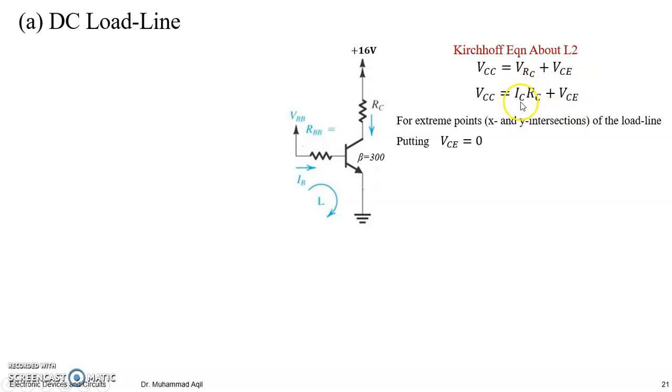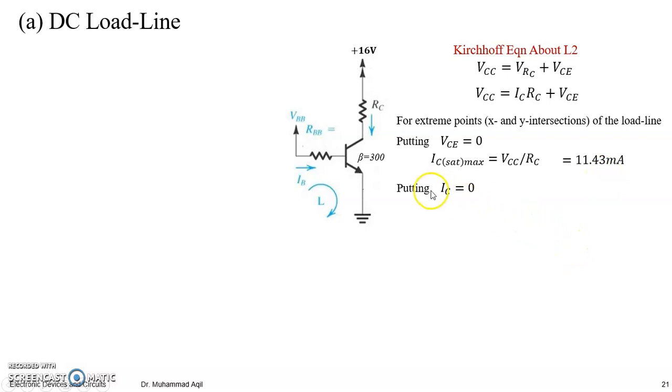For the extreme y-intercept, you have to put your X value equal to 0. You will get the IC saturation maximum value equal to VCC by RC. Once we put in all the given values, we have the IC saturation maximum value of this one.